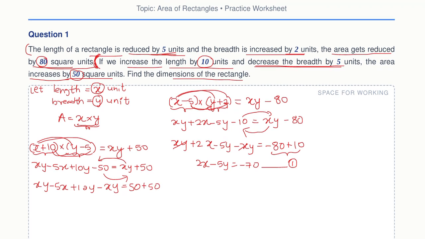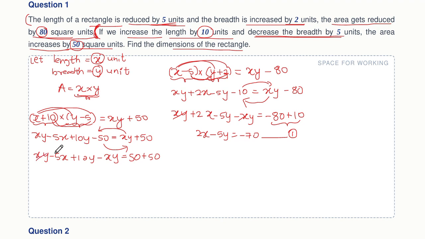The xy minus xy gets cancelled. What remains is minus 5x plus 10y is equal to 100. Before writing this as equation number 2, all the numbers can be divided by 5, so we divide each term by 5 to make the equation smaller. So minus x plus 2y is equal to 20. This is our equation number 2.